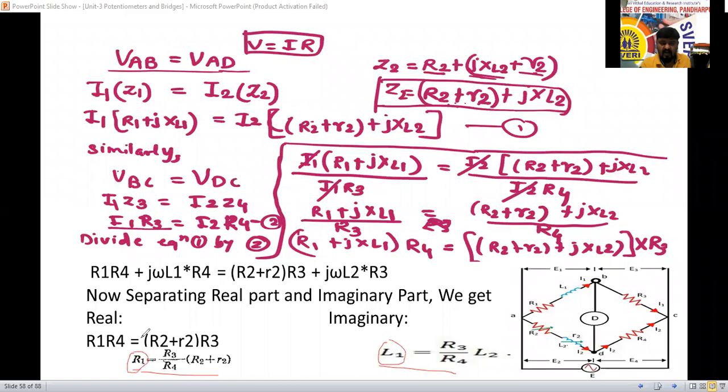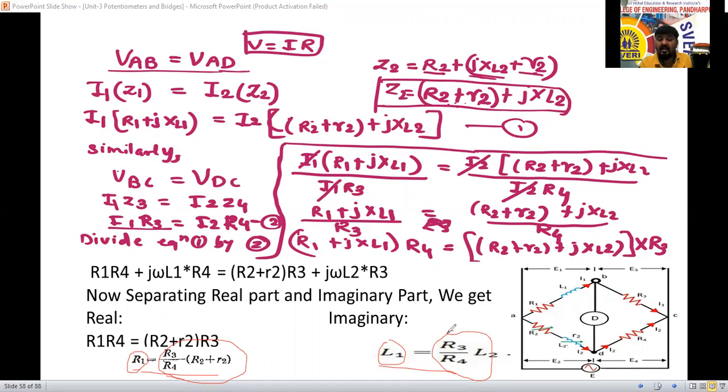In the equation of R1, is there any L1 term? No, there is no L1 term. And in the L1 equation there is no R1 term. So both equations are independent of each other. They are not dependent on each other.